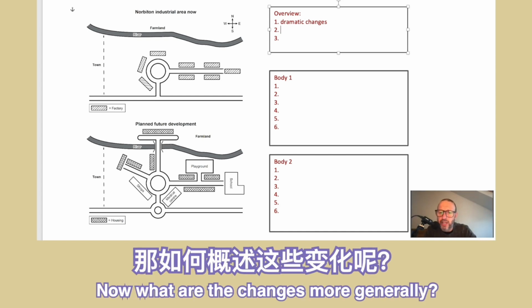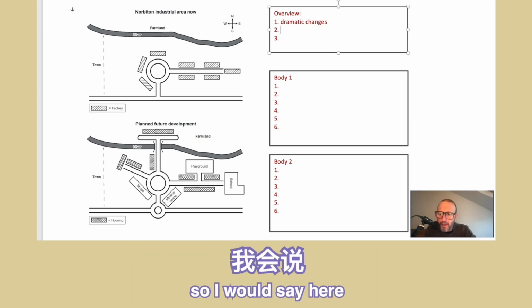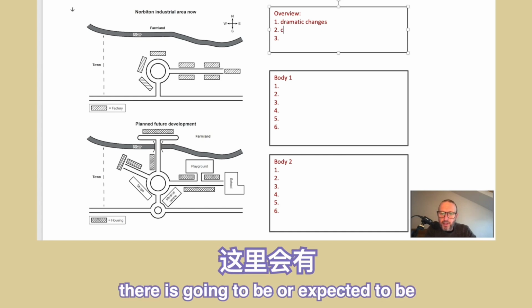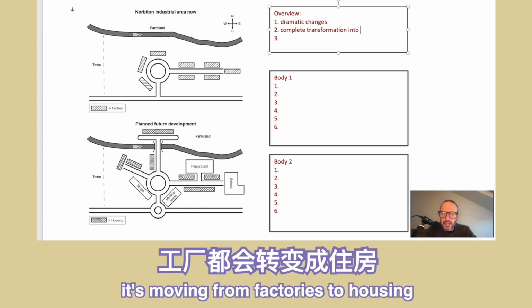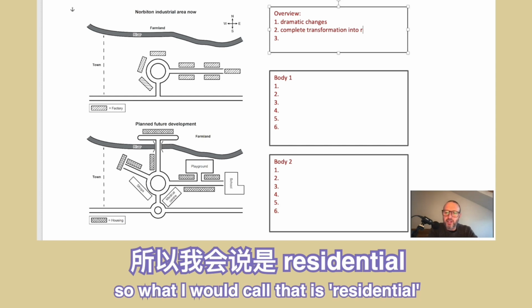Now, what are the changes more generally? So I would say here, there is going to be, or expected to be a complete transformation of the industrial area into, now when I look at it, it's moving from factories to housing. So what I would call that is residential.